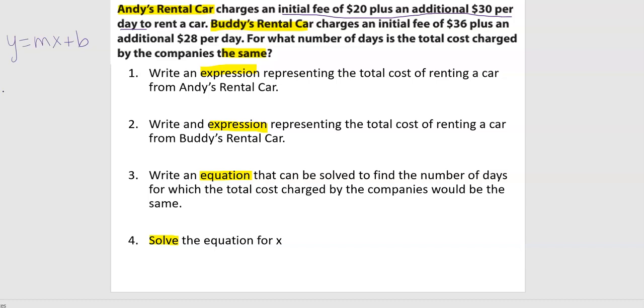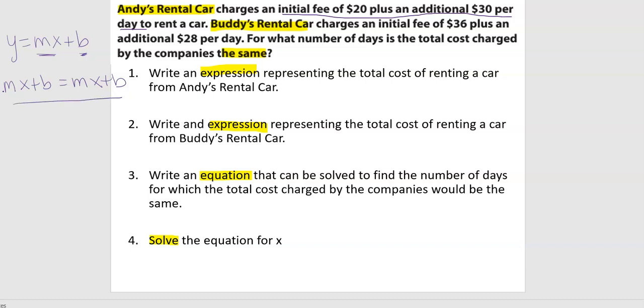We had an initial fee or an initial value. And then we had a price per or something being multiplied. So what we're basically going to do is take two of these slope-intercepts and set them equal to each other. And that's going to be our final equation.